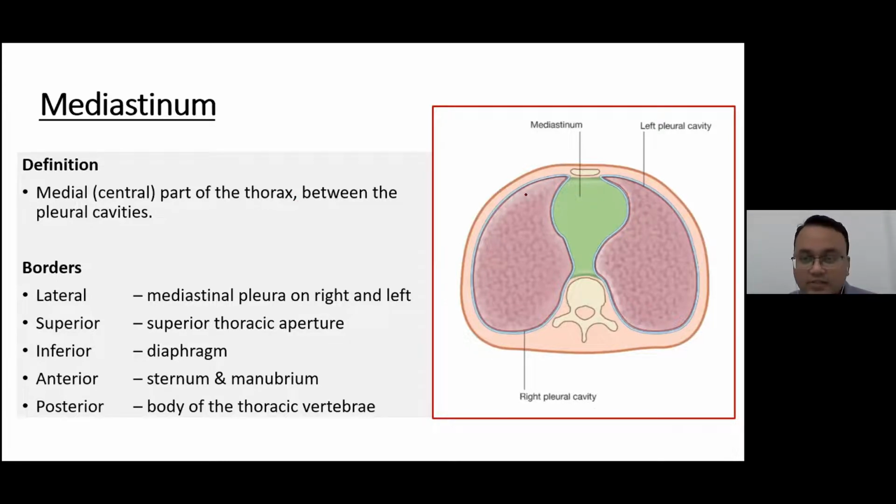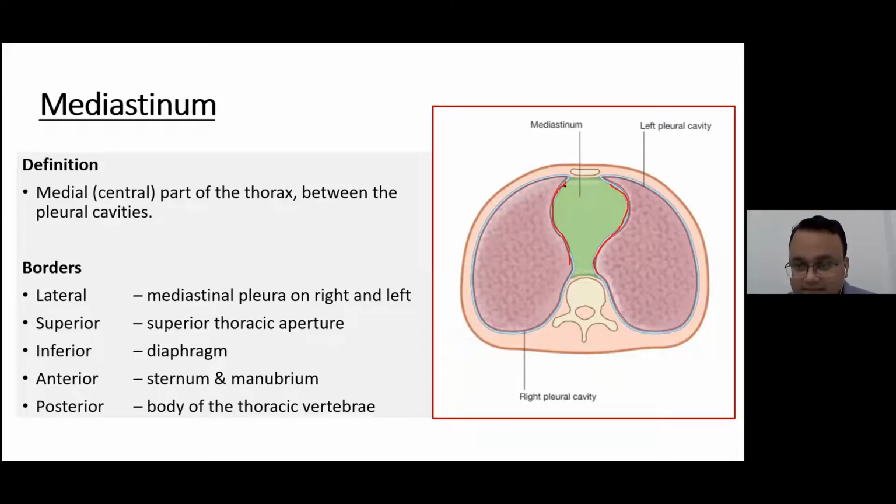The border of the mediastinum, number one, on the lateral side, you have the pleura on each side. Remember that the pleural cavity on the right has no communication with the pleural cavity on the left. Therefore, any pathology of the pleural space on the right side may not have any connection with the one on the other side of the body.